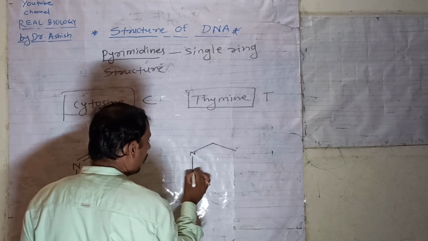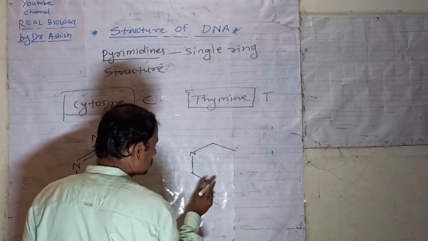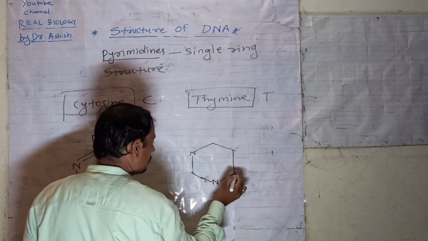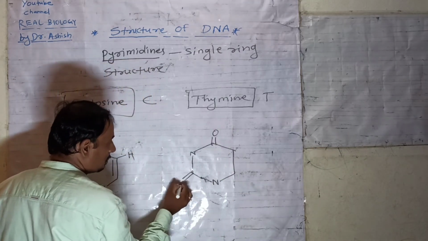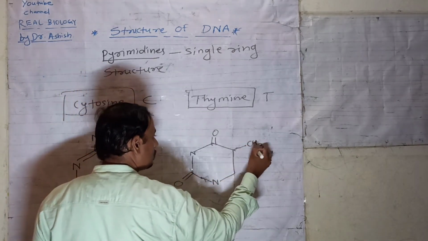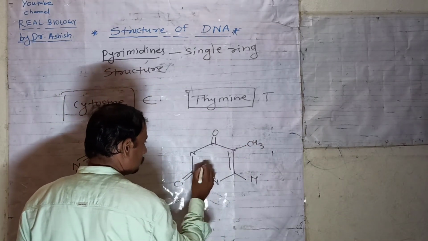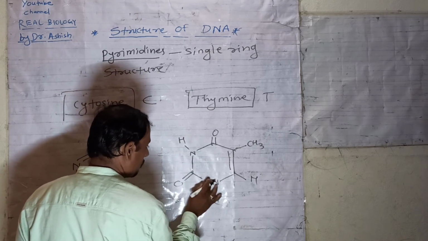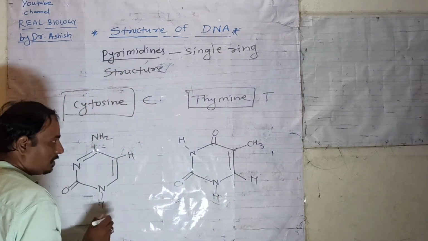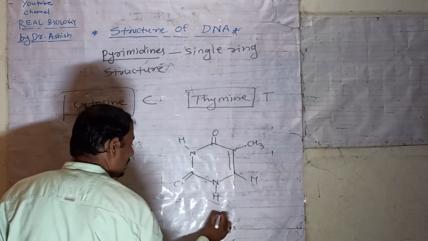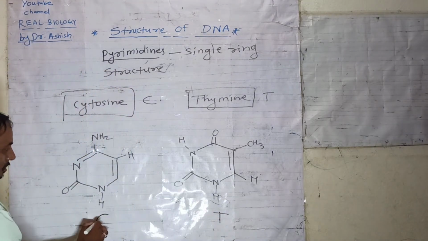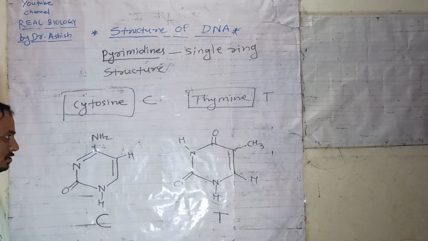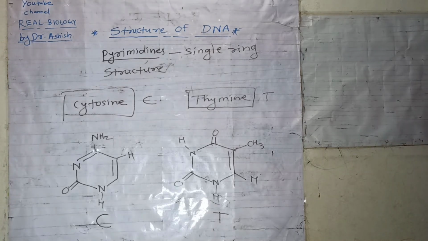So let's see, double bond O, there is a CH3 and then H. This is the structure of thymine, denoted as T. This is cytosine, denoted as C. Let's check the valencies. Yes, carbon 4 valencies, hydrogen 1, nitrogen 3, oxygen 2. All valencies are correct.